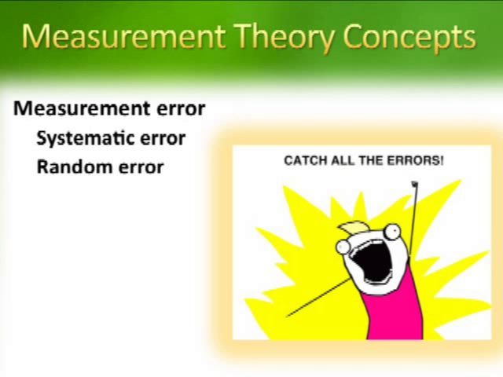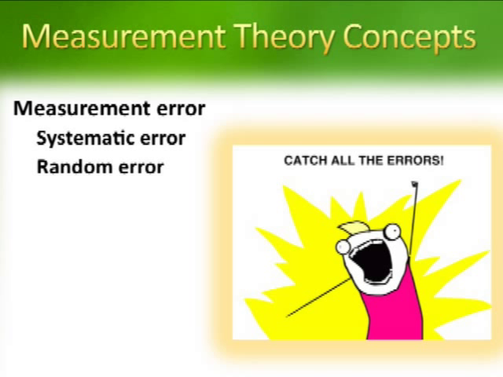Another measurement theory concept that we need to deal with is measurement error. There are systematic errors and there are random errors. Now, measurement error is a part of any measurement. It's the difference between the true score and what the score was actually measured.